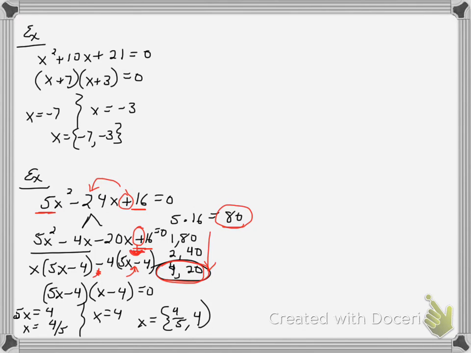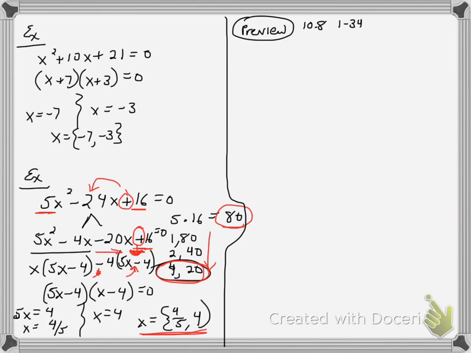Easy place to make a mistake. Okay, so pause it and convince yourself by distributing back that that is actually the correct way to do it. Make an intentional focus on that. Now, because the product equals 0, I'm splitting it into 2 parts and going ahead and writing it out in set notation when I've finished it.